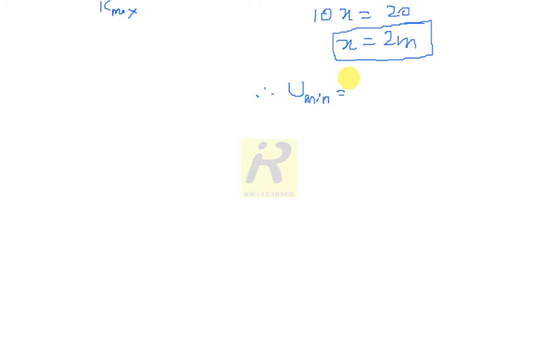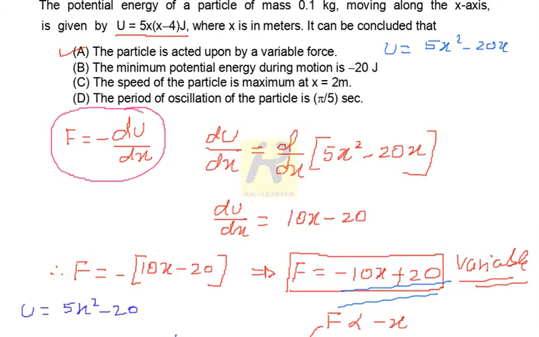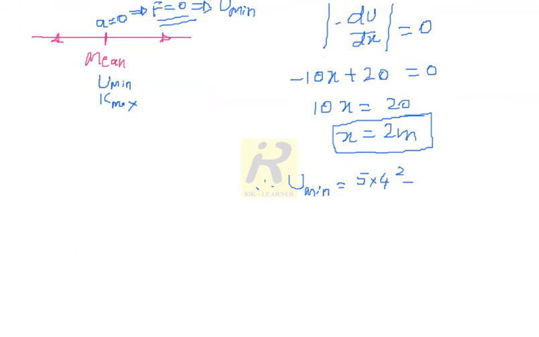It is 5x square, so 5 into x square is 5 into 2 square. I'm sorry, it should be 2 square, right?